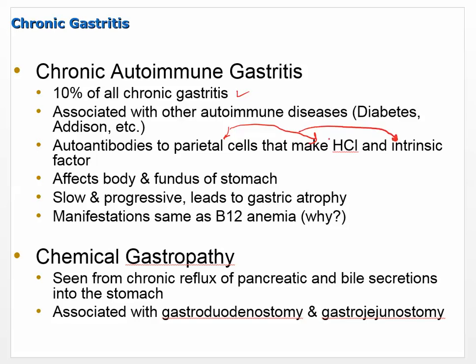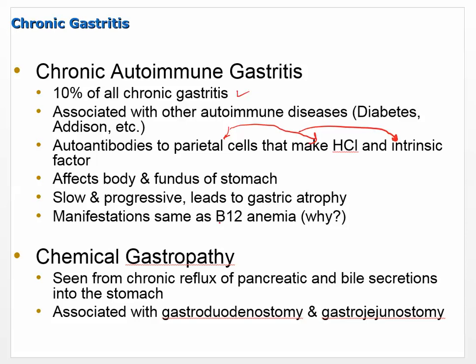So that means that for whatever reason, your immune system has targeted parietal cells specifically in this case. So autoimmune affects the body and the fundus, just different regions of the stomach, slow and progressive, and can lead to gastric atrophy, so shrinking. The immune system is physically trying to destroy the stomach or parts of the stomach.